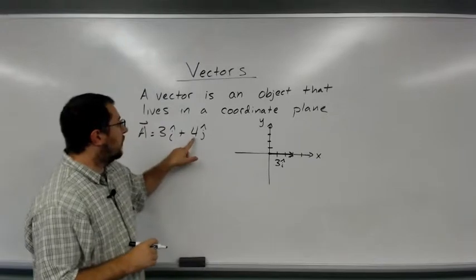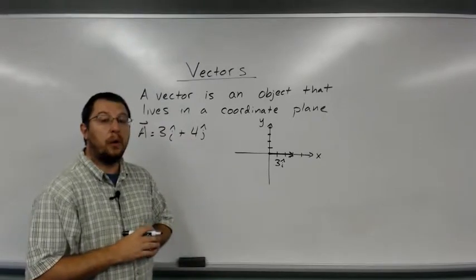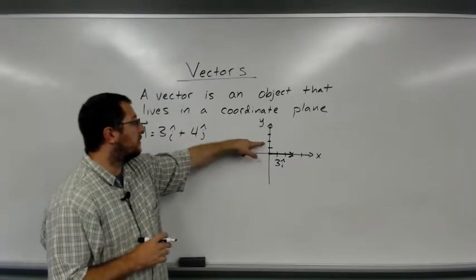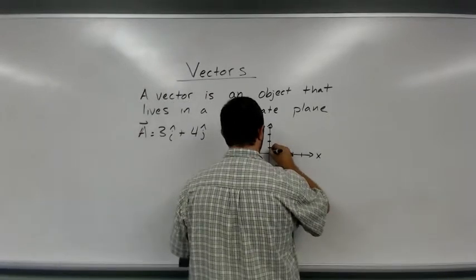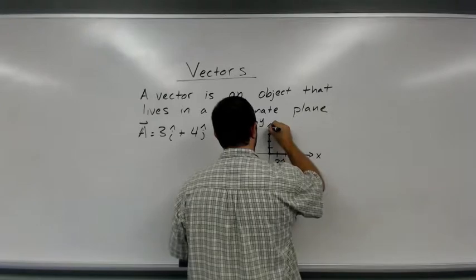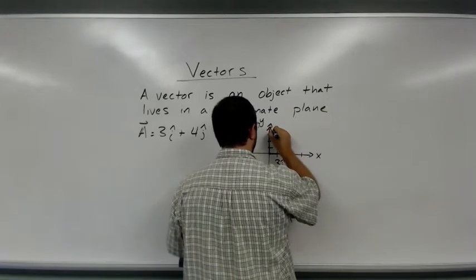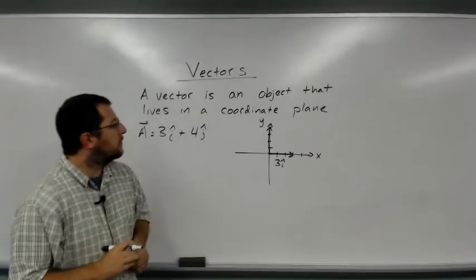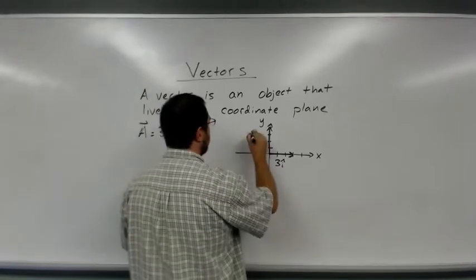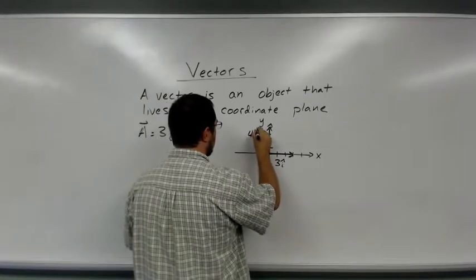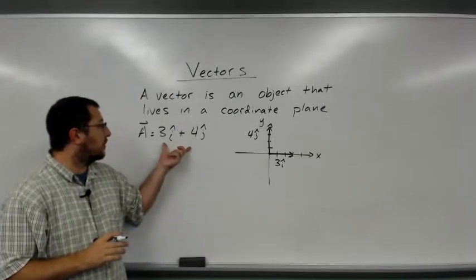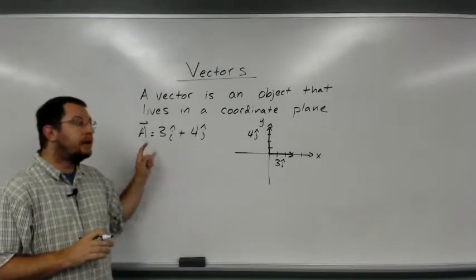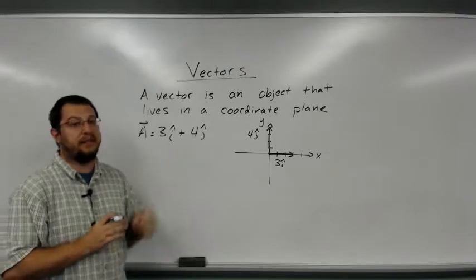And then I want to draw a vector of 4 units in the y direction. Okay? So here's my 4 j hat. Okay? Now, this vector, the total vector A, is the sum of these 2 vectors.